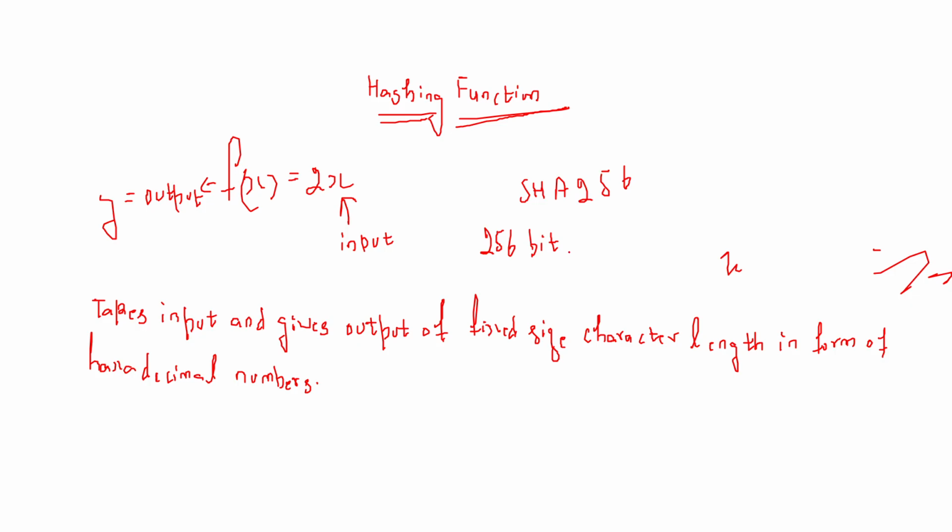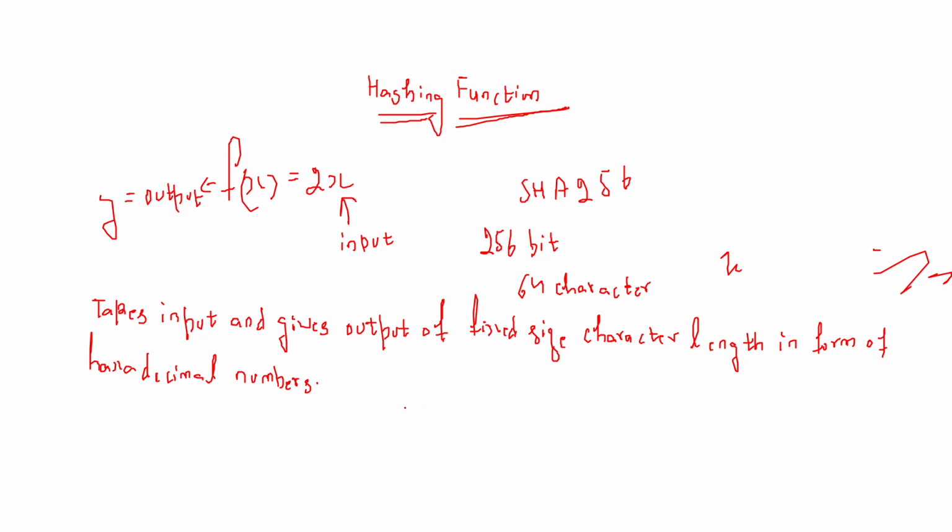So whatever input message you give to this hashing function, the output is always a fixed 256 bit length output. In terms of hexadecimal numbers, it is 64 character length, where each character is of 4 bits. So in terms of binary, it is 256 bits.